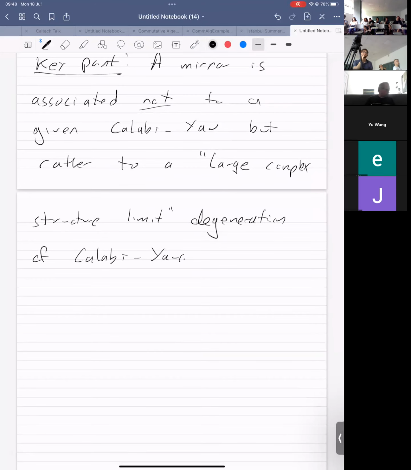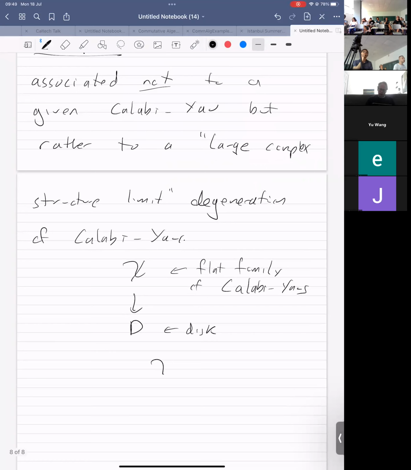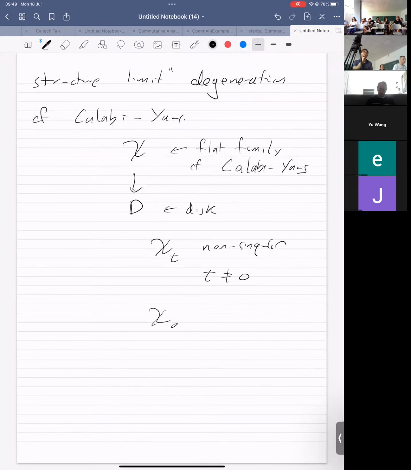So what would we think about? Let's consider a degenerating family. Here D is a disk, and this is a flat family of Calabi-Yau varieties. Here X_t should be non-singular, so a smooth Calabi-Yau for t not equal to 0, but X_0 might be singular.